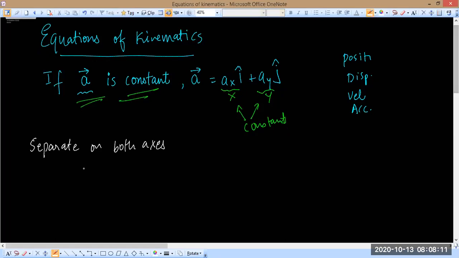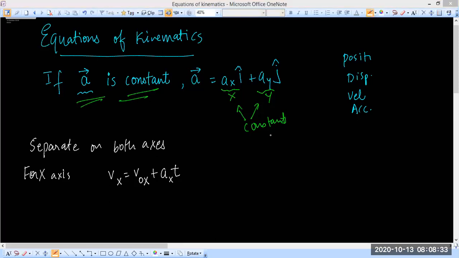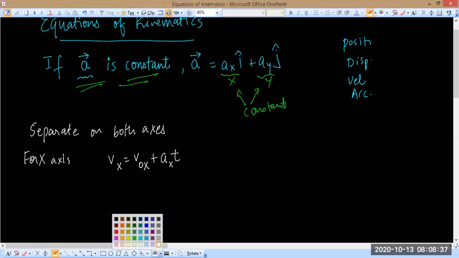So what do I mean? I will have to write the first equation of kinematics for x axis as Vx equal to V0x plus AXT. Did you understand what I have written? It is important to understand the terms. V generally stands for final velocity.